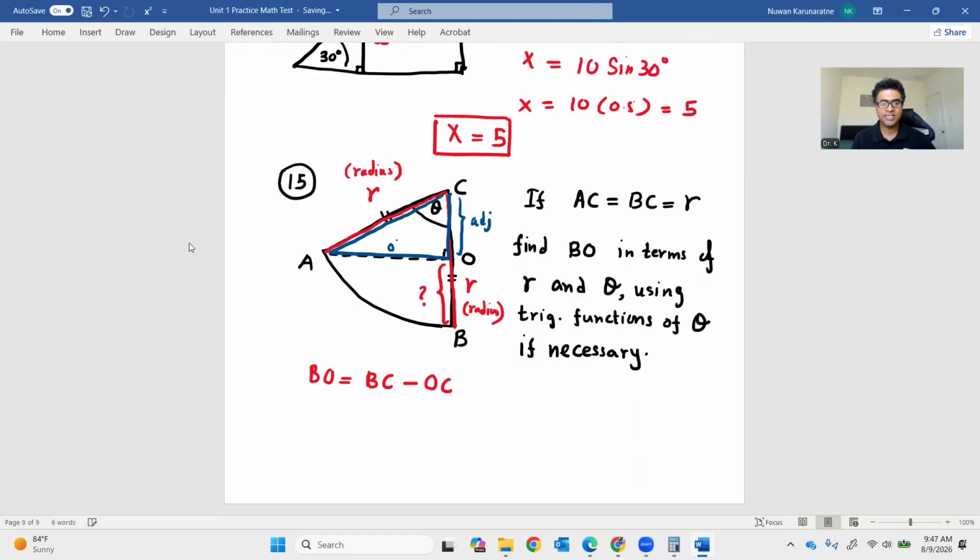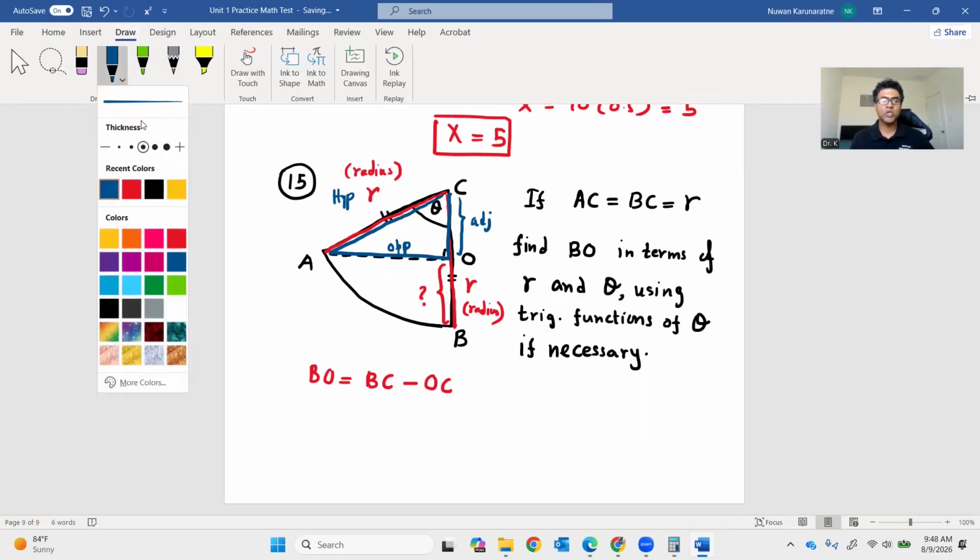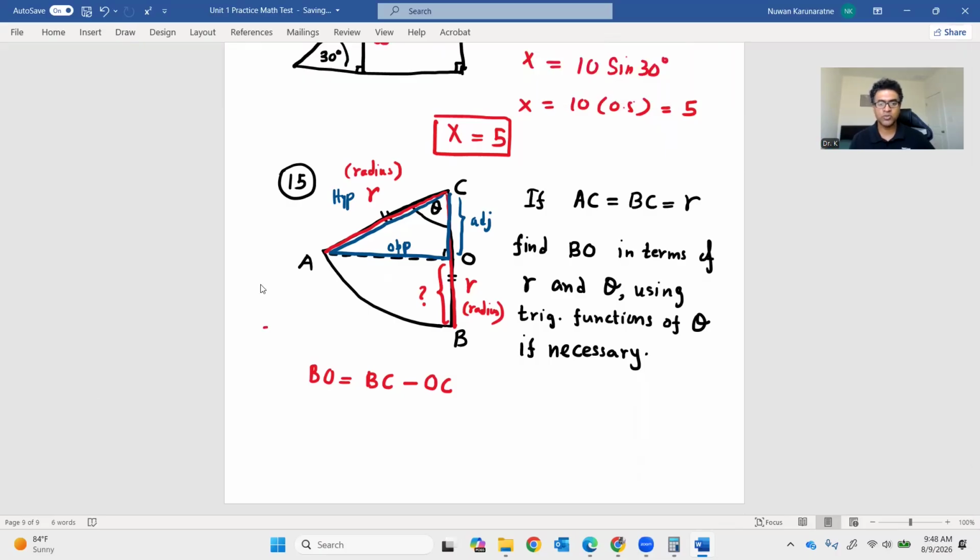That's the opposite, adjacent, and this radius R is our hypotenuse. So from there, you can see adjacent always goes with cosine. So OC is radius times cosine theta. Simply by looking at a figure, a right angle triangle, you should know how to do this.